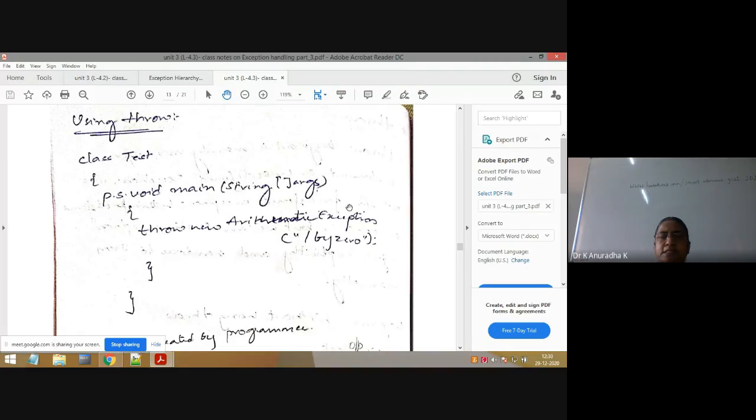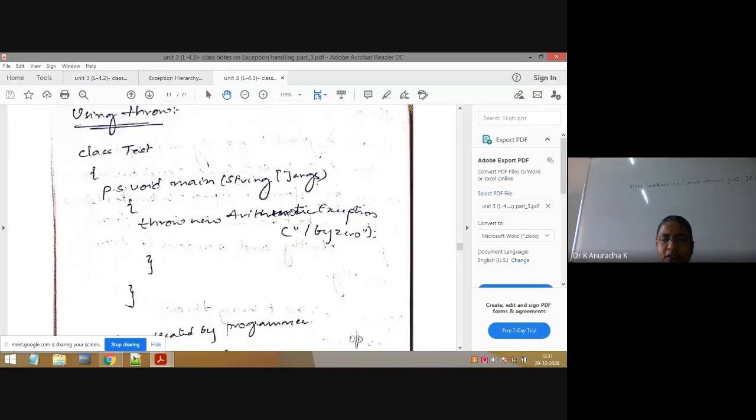Now this is the object which is created by the programmer using the throw keyword. So when you write like this, the meaning of this statement is that the programmer is creating the ArithmeticException class object using the throw keyword, and the programmer is handing this object over to the JVM. After that, the same procedure we followed in default exception handling is applied here also.